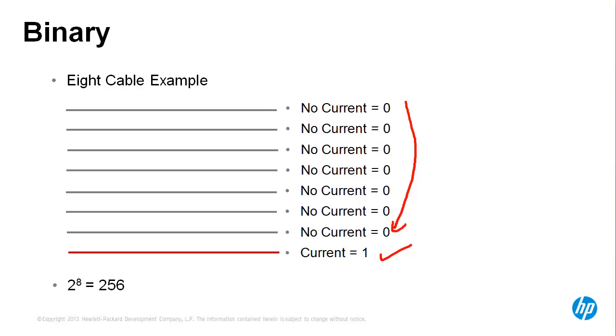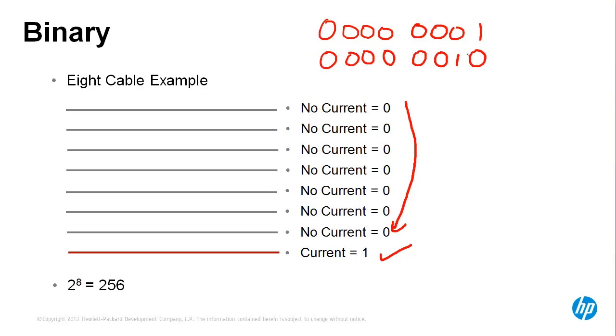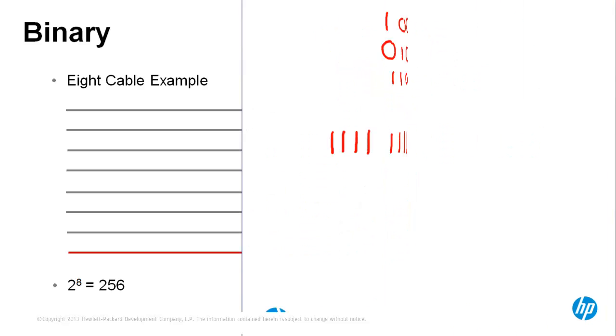We could once again go through the various combinations as per the previous examples, where we put current on the last cable, as in this example, or current on the second last cable, and then go through all the combinations until we reach a situation where we have current on all cables.